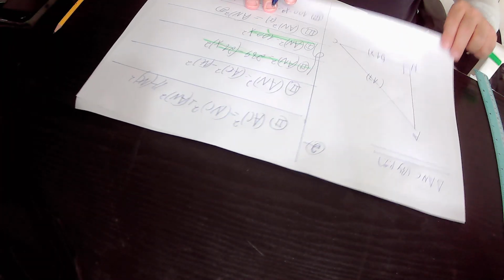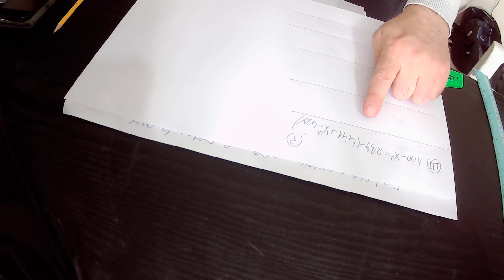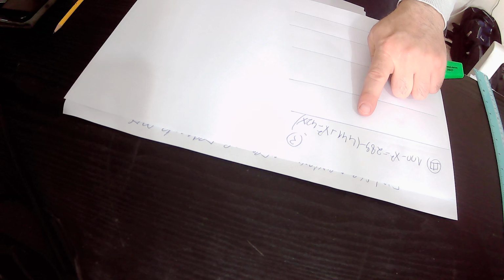So according to equation 3, we actually found that 100 minus x squared equals 289 minus, inside the brackets, 441 plus x squared minus 42x.